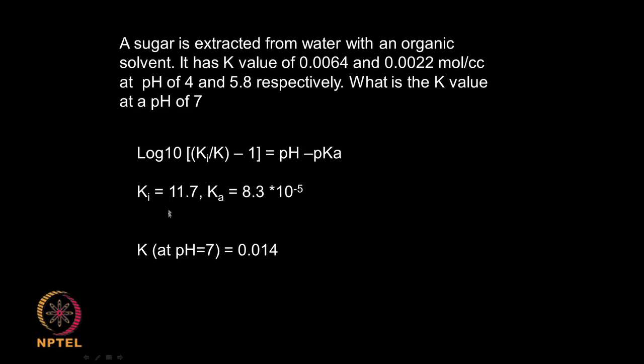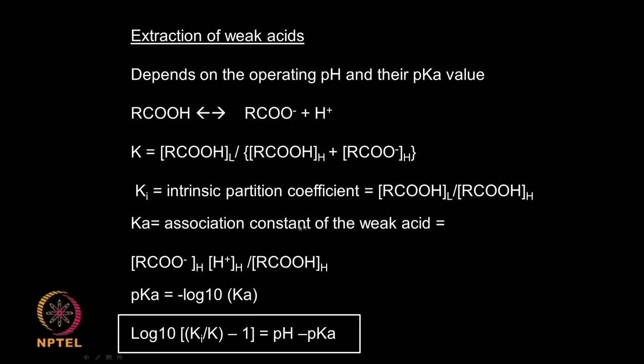So, you can see the K varies as a function of pH, Ki will be the constant. What is Ki? Once more, Ki is the intrinsic partition coefficient. It does not change because it does not assume dissociation, but K assumes dissociation and you have an extra term here, that is why K changes as a function of pH, whereas Ki does not change as a function of pH.